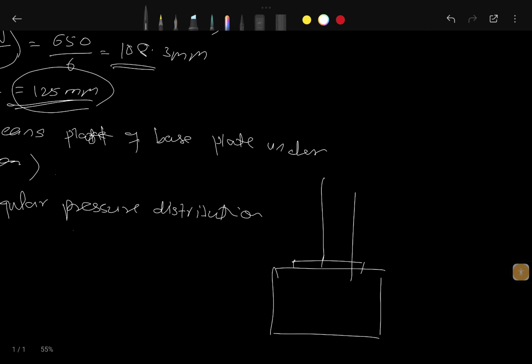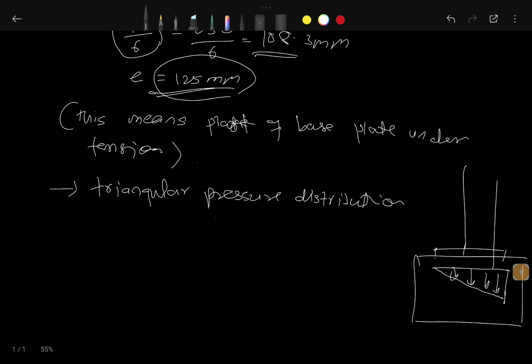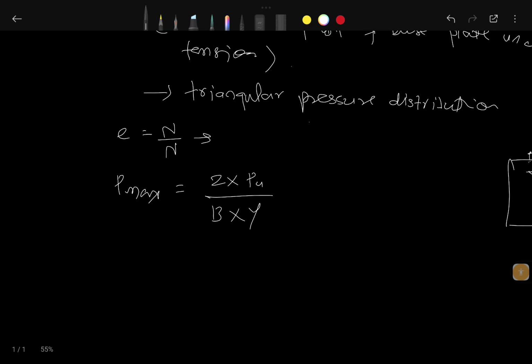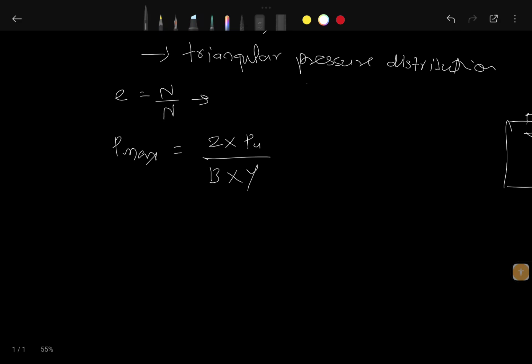The pressures are distributed like this. So for E greater than N by 6, maximum bearing pressure P max is equal to 2 into Pu divided by B into Y. Y is nothing but the length of bearing zone in compression.